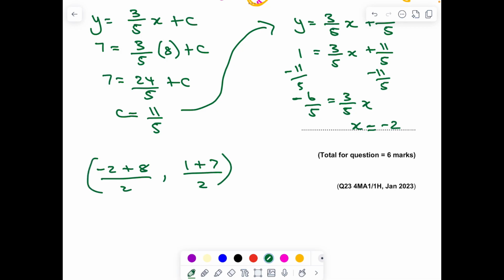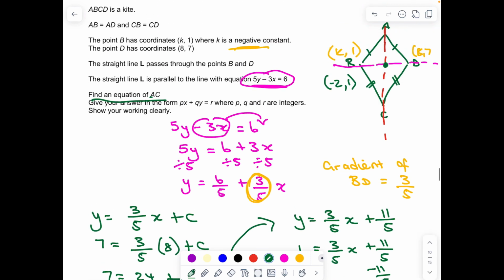And so minus 2 plus 8 is 6, divided by 2 is 3. 1 plus 7 is 8, divided by 2 is 4. So that is your midpoint. That's in the middle of those 2 points, in the middle of B and D. So this point here, we now know is 3, 4.